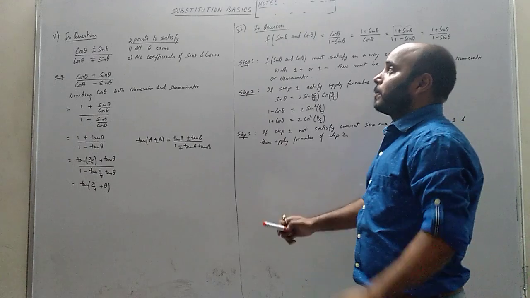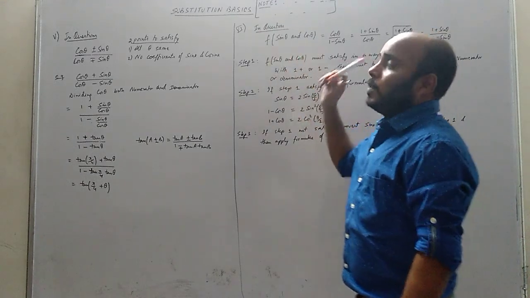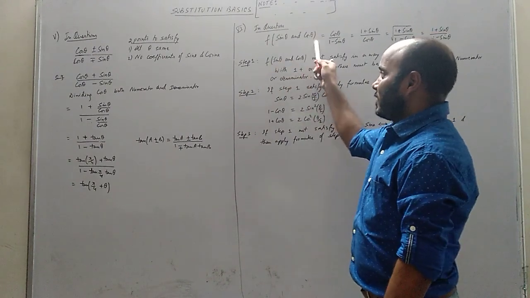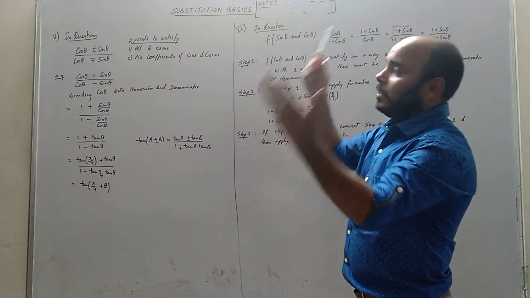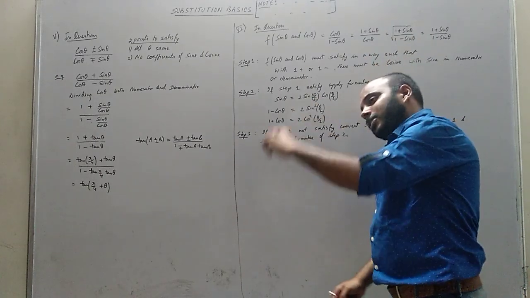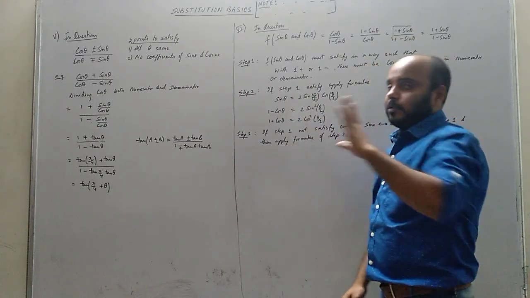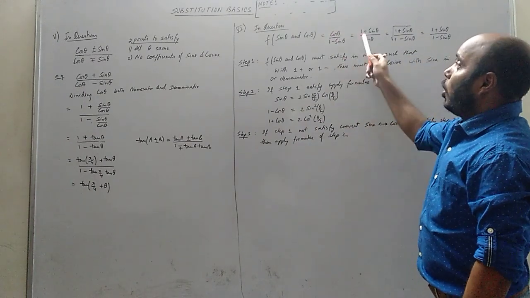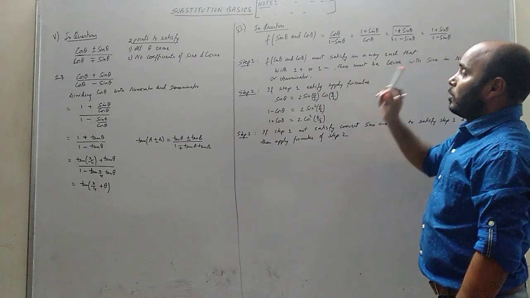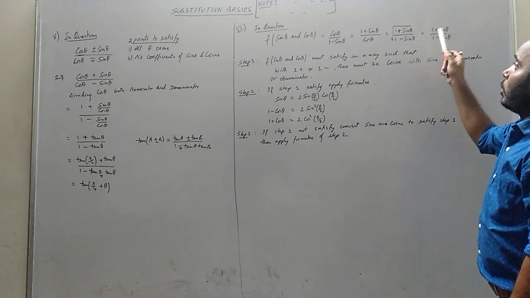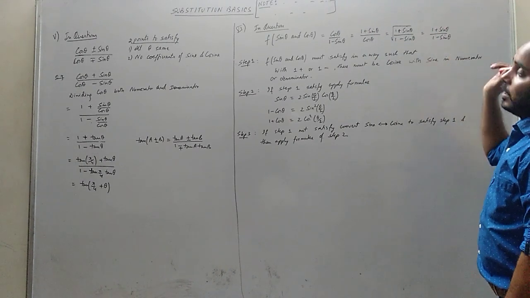Okay, now try to understand. If in a question you have function of sin theta and cos theta. Now don't get confused by this. What is f of sin theta and cos theta? I mean to say something is written where we have sin theta also, where we have cos theta also. Okay. Few examples are given to you. Cos theta over 1 minus sin theta, or 1 plus sin theta by cos theta, or under root of 1 plus sin theta over 1 minus sin theta.